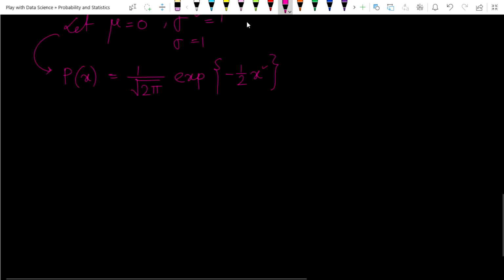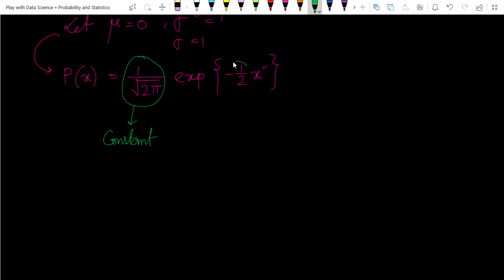Now observe this thing. From these equations, these two portions are constant.